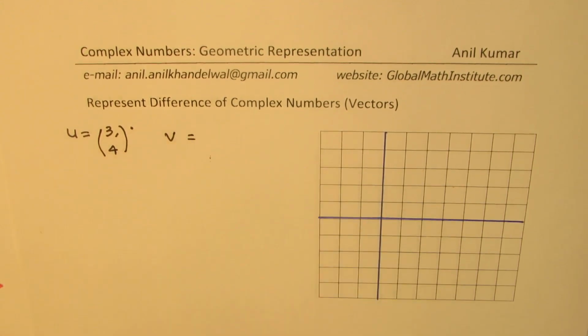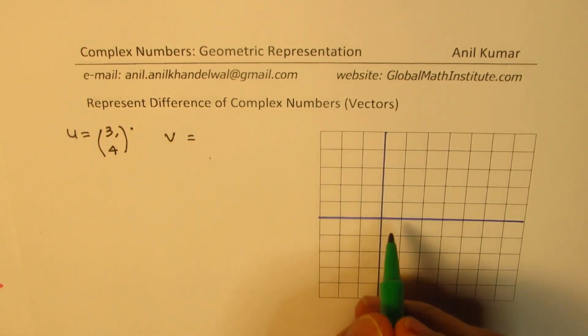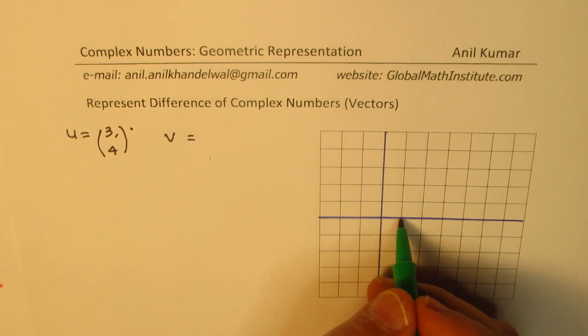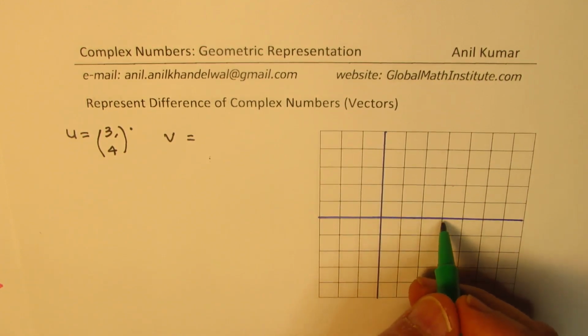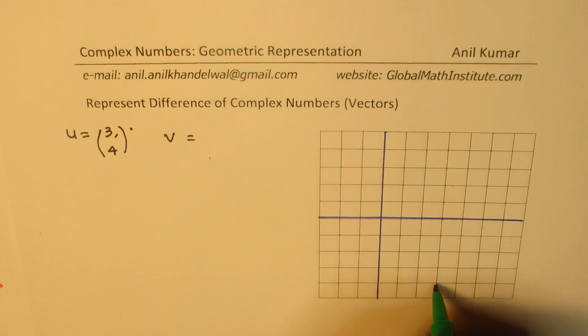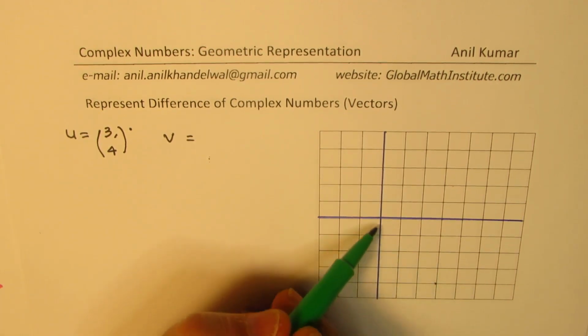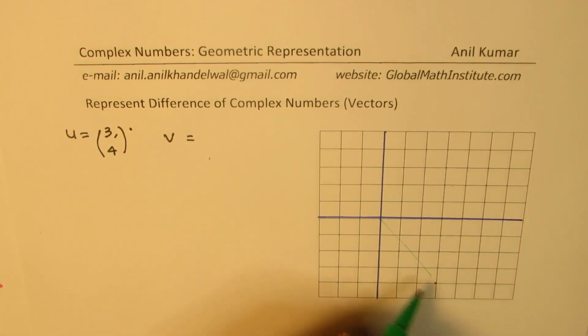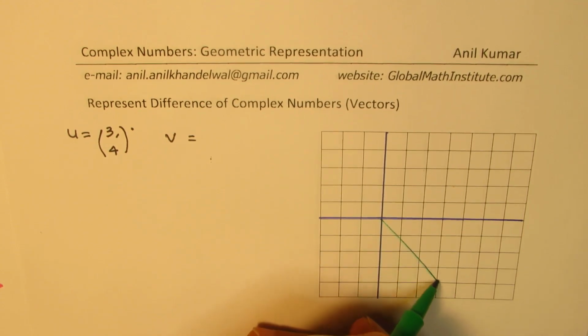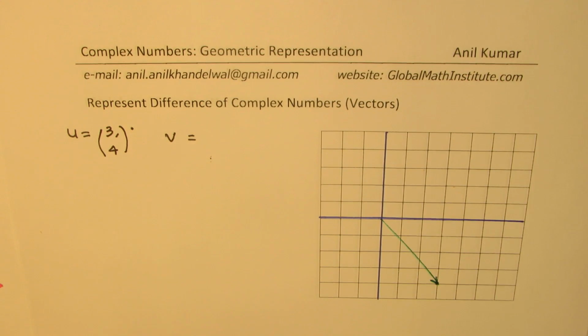Let me write like this only. And v equals, let me sketch. So u is 3, 4 for us. So we have 1, 2, 3, and 4. 1, 2, 3, 4, right? So that becomes the vector u. 3, 4. Now we want to subtract the vector v.